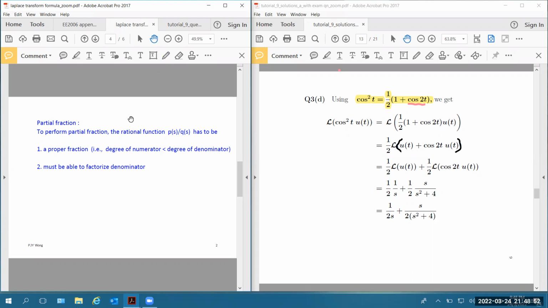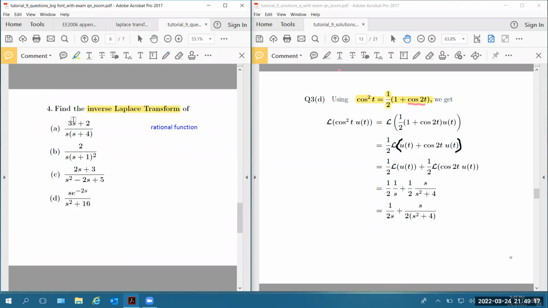The first one is a proper fraction: degree of numerator less than degree of denominator. The next one is you must be able to factorize the denominator. Okay, so let's go to our tutorial question.